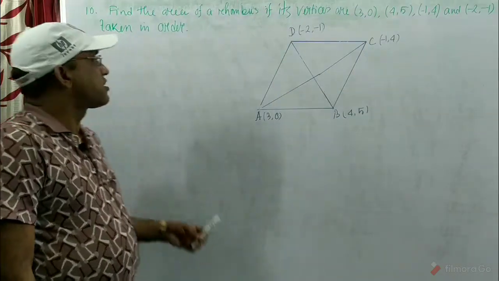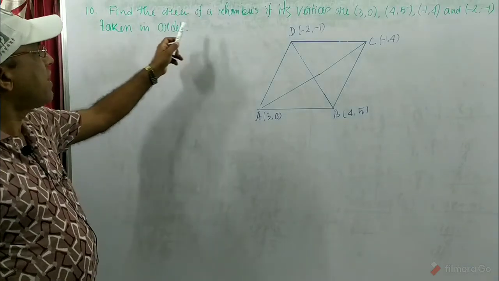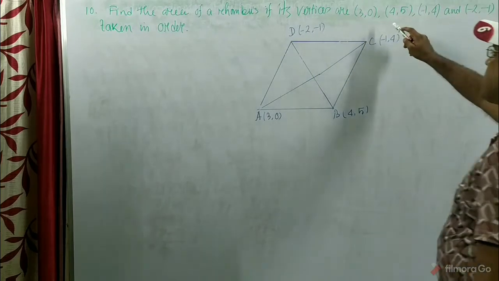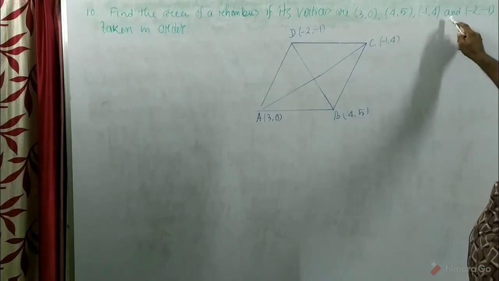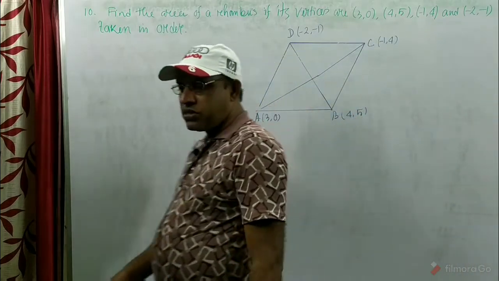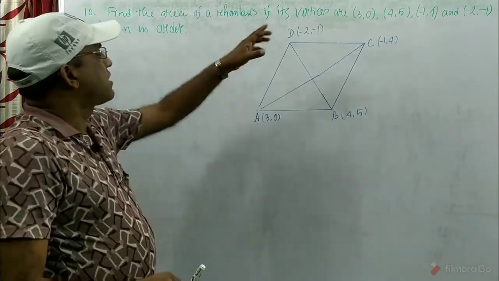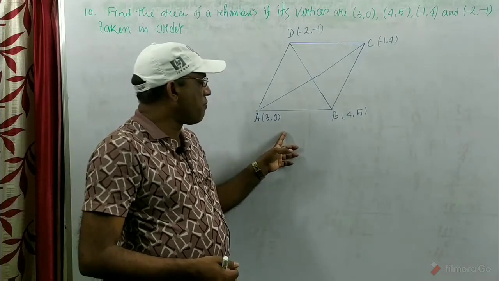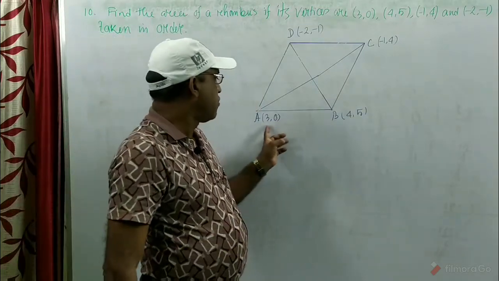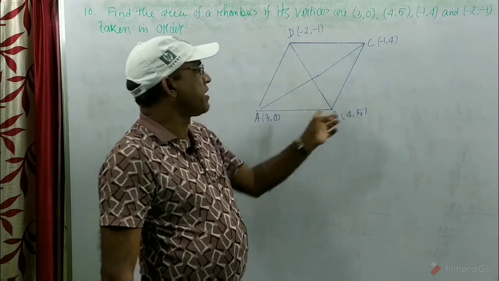Now we consider the last problem, 10. Find the area of a rhombus if its vertices are 3, 0, 4, 5, -1, 4, -2, -1 taken in order. So these are the vertices. We consider this is the rhombus. Rhombus means all sides are equal, diagonals are unequal. We put the points in this way, taken in order.